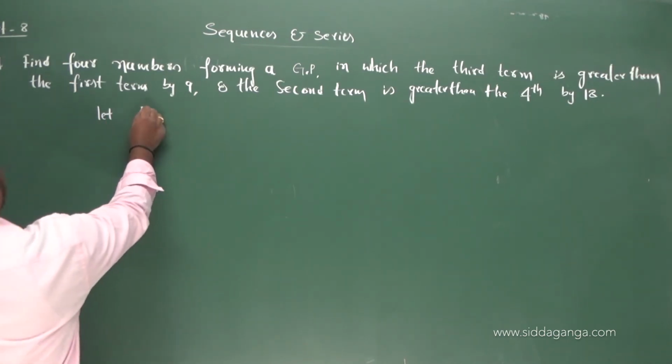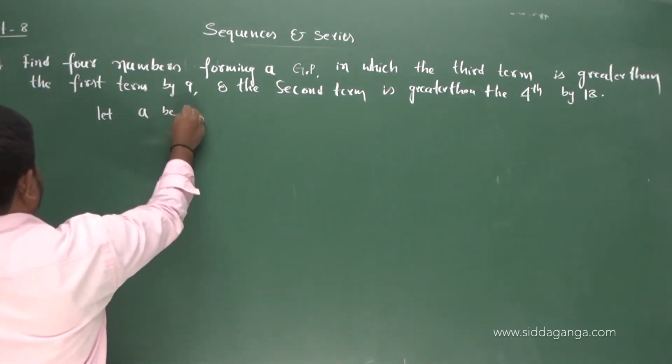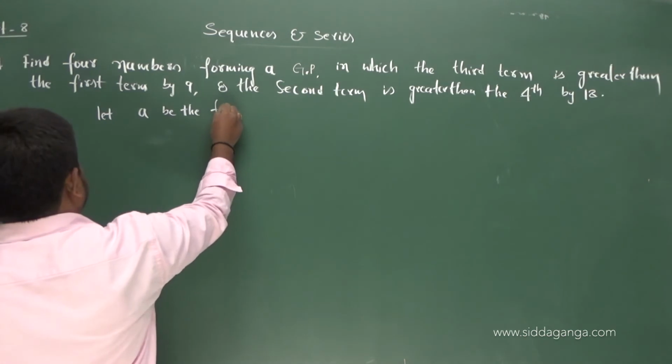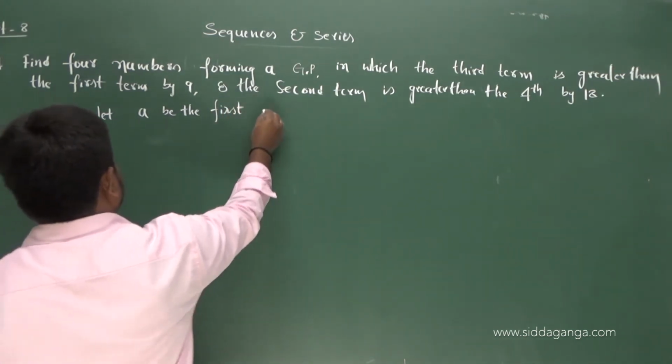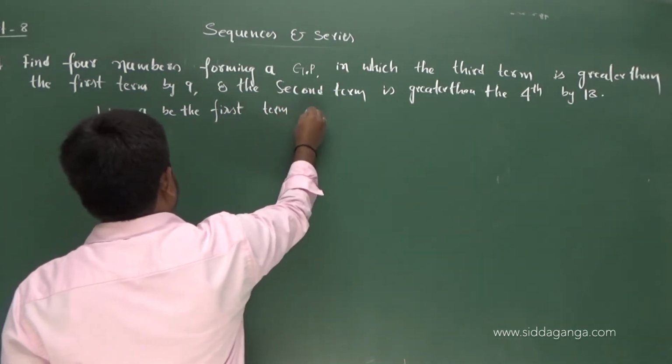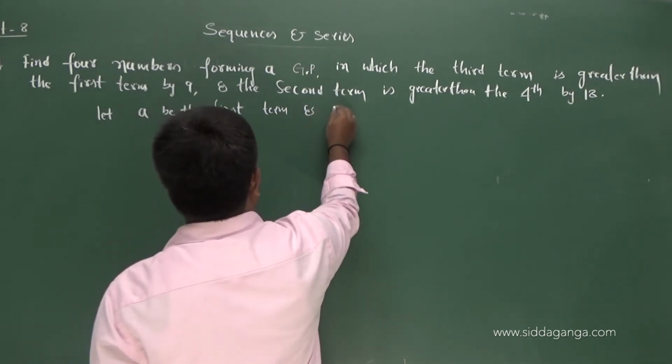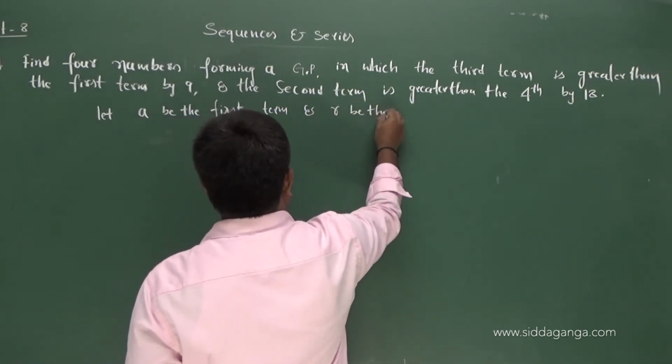Now, let A be the first term and R be the common ratio.